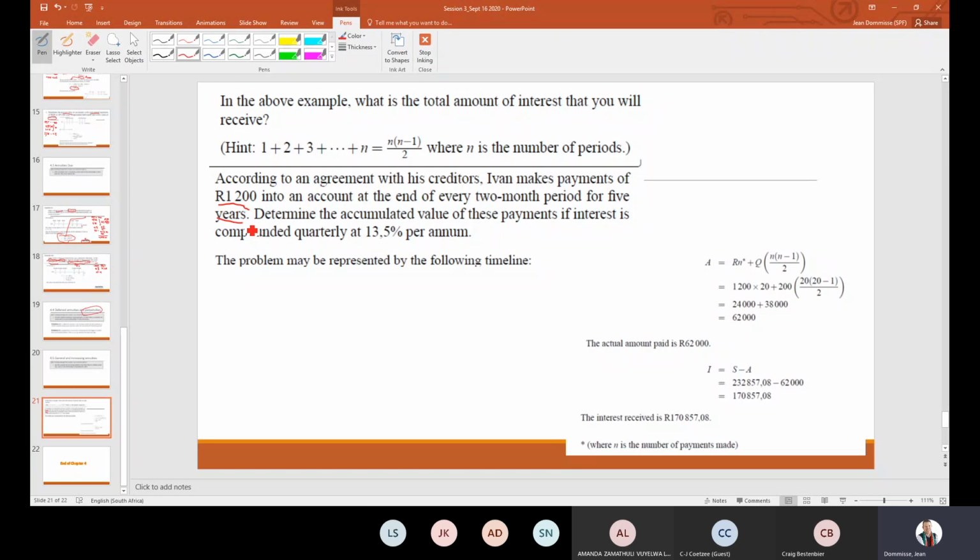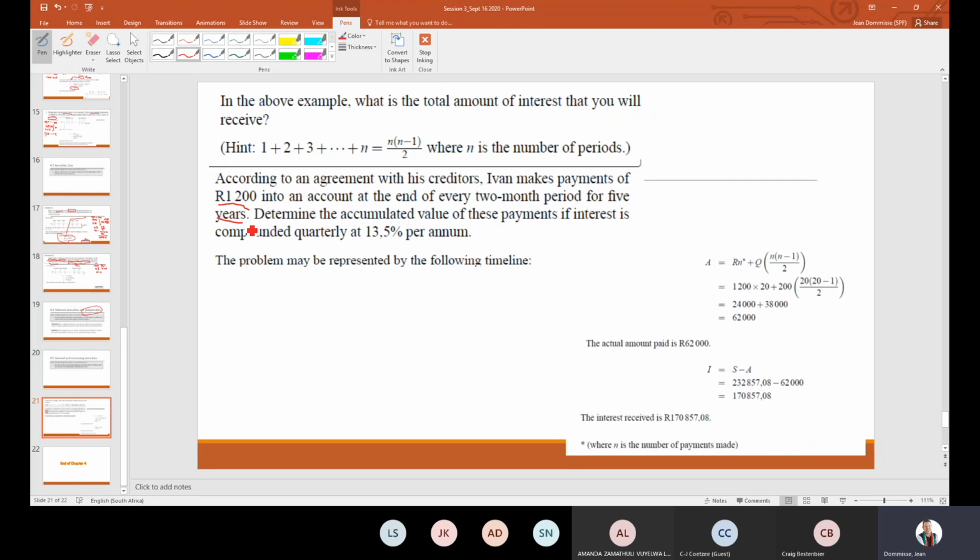Determine the accumulated value of these payments if interest is compounded quarterly. Okay, so now we are dealing here with two different time periods.